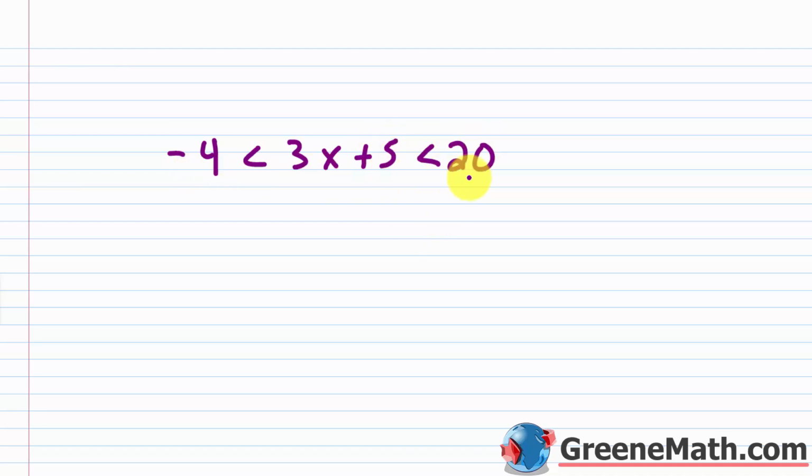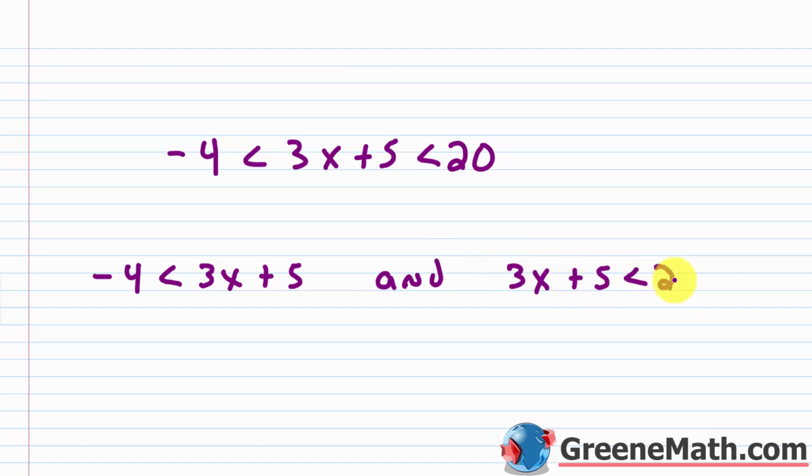Now, we can leave it like this, or we learned that we could split this up using the special keyword and, okay? So we could also write the same problem as negative 4 is less than 3x plus 5, and then we would say and you would have 3x plus 5 is less than 20.